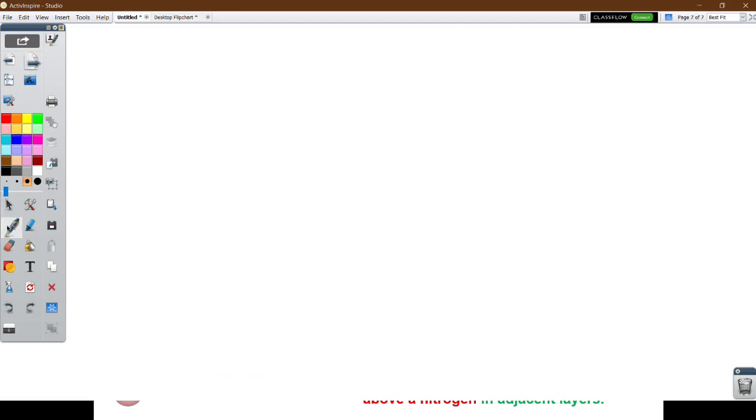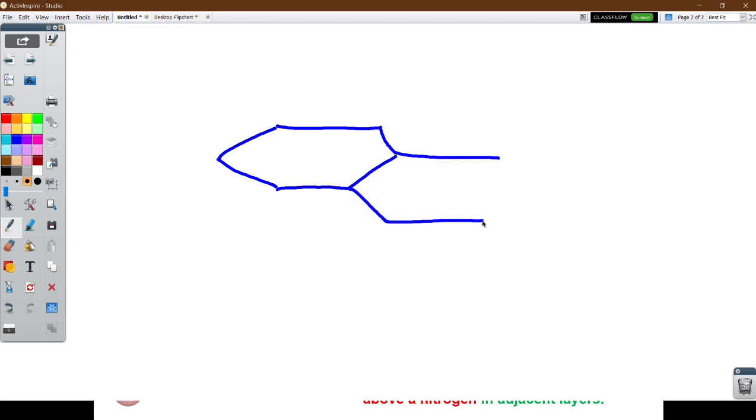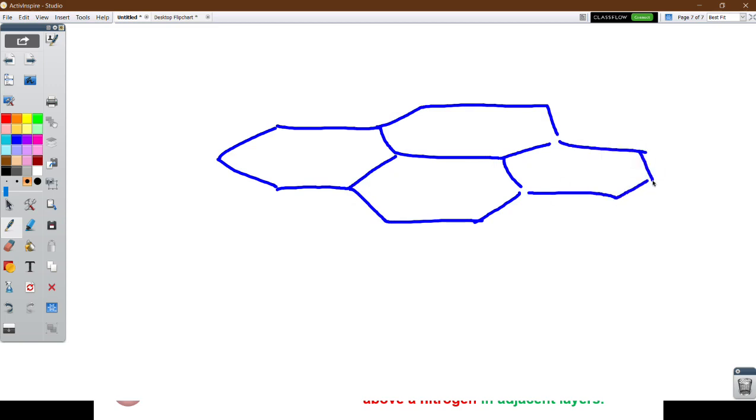So I'll try and show you what I mean by that with a rubbish drawing again. So if we try and draw some hexagons here, there we go, a few hexagons. This would be a layer of carbon atoms in graphite, say. Now, keep in mind this carbon here, and I'll just draw a dotted line beneath it.